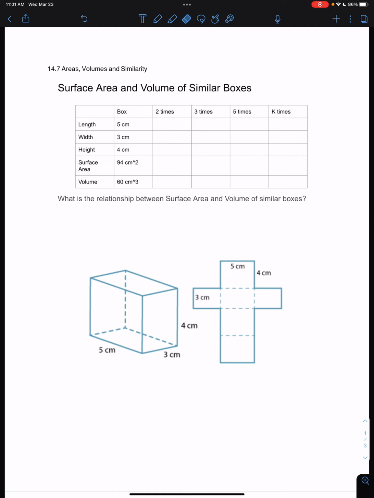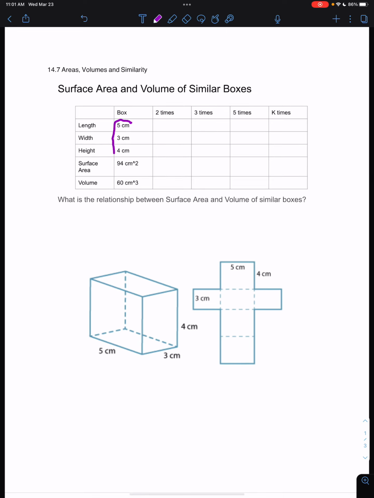So here I have a diagram of a rectangular prism, and in the table up here I have the measurements of the length, width, and height, and they are corresponding to the length, width, and height of the box on the diagram.